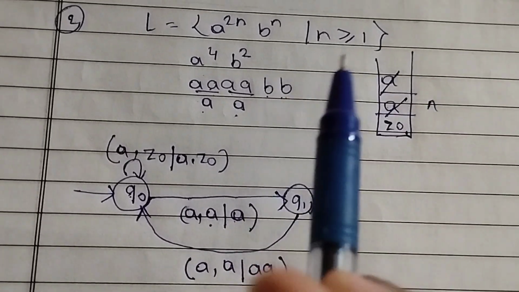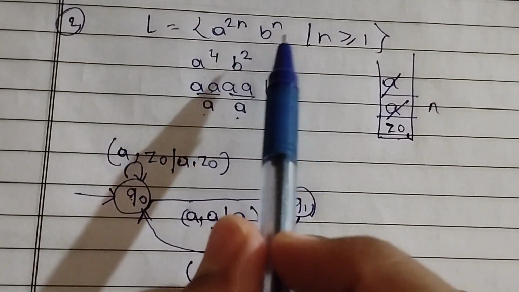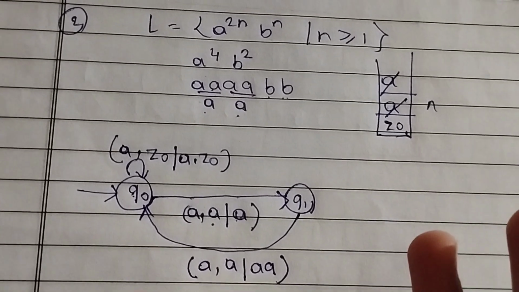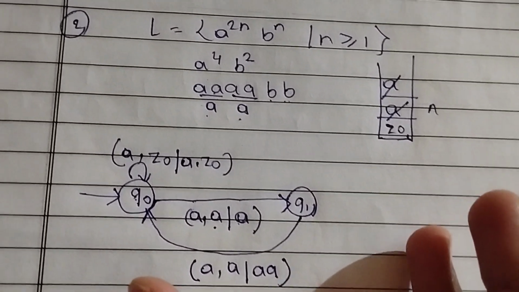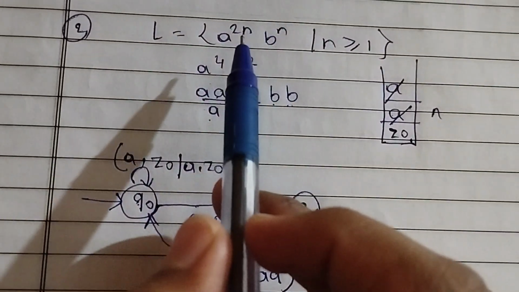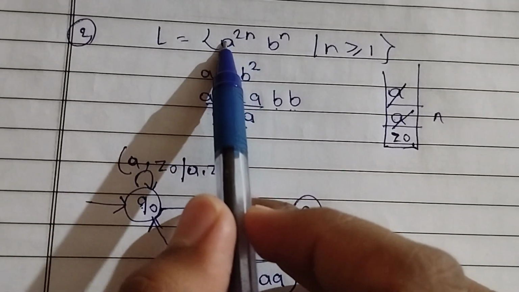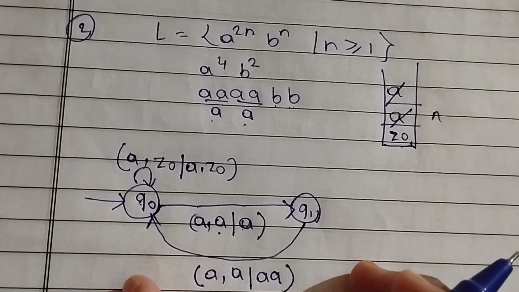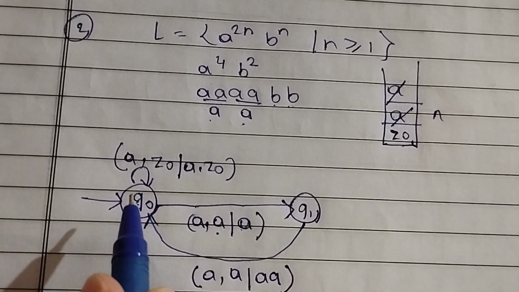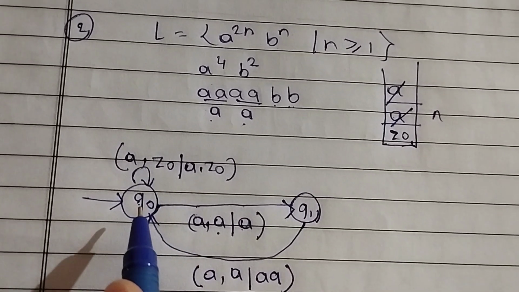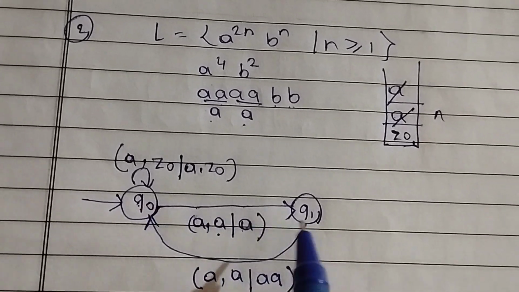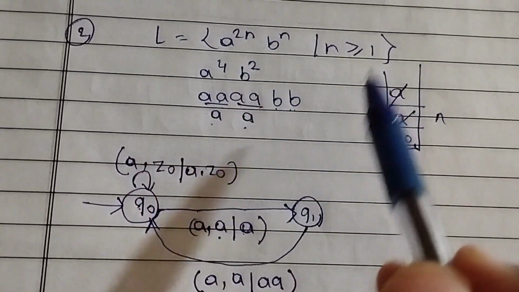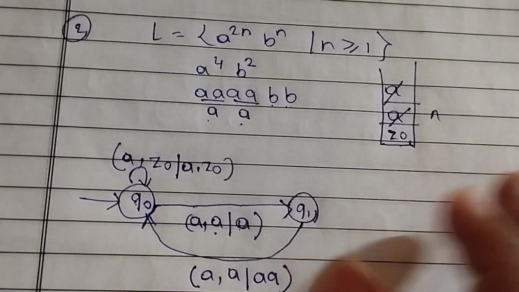And if you consider now n is equal to 1, that time also we follow the rule. Let's suppose n is equal to 1, then a raised to 2 and b raised to 1, so that time also it is applicable. When the first a comes, we push the a, and the second time we keep it as it is, and now the third time only b is present, then pop the first a, so it is completed.